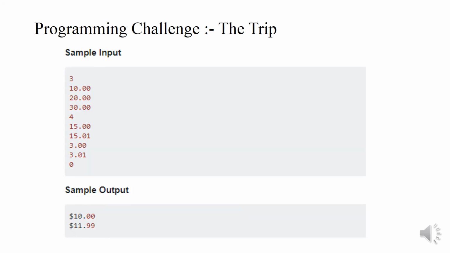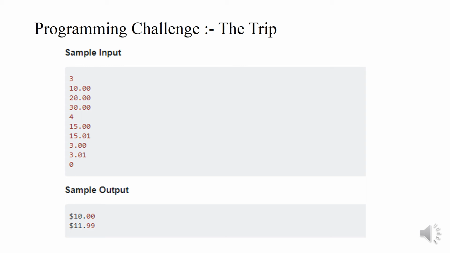This is the sample input and sample output provided in the programming challenge PDF, the trip. As per our previous discussion, there are three students. Line number one consists of three students: the first paid 10.00, second paid 20.00, and third paid 30.00.